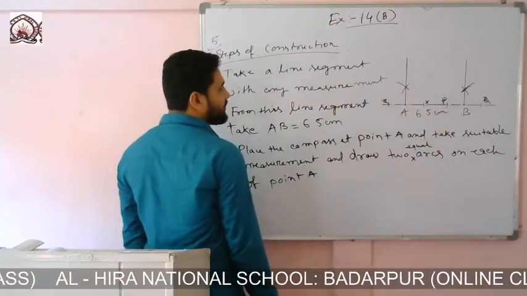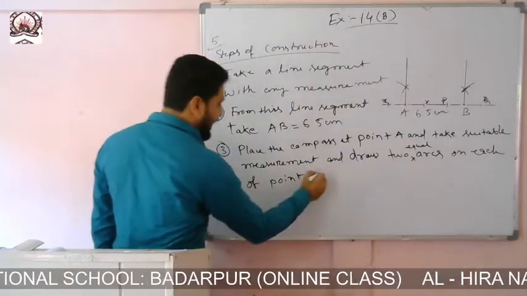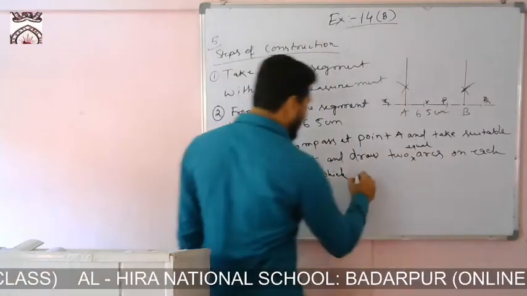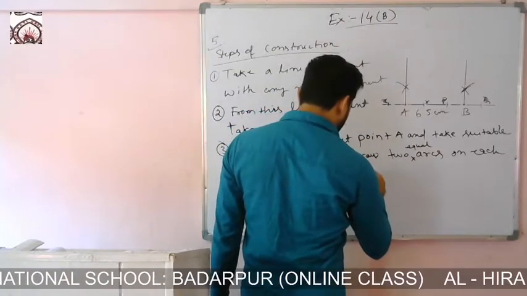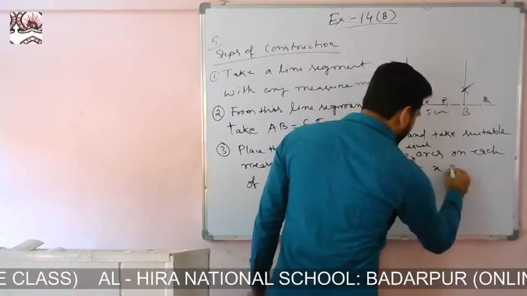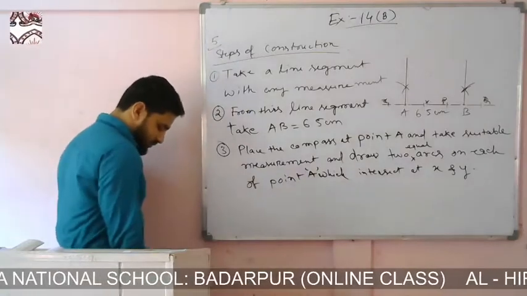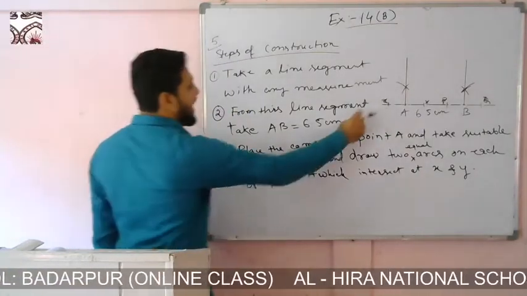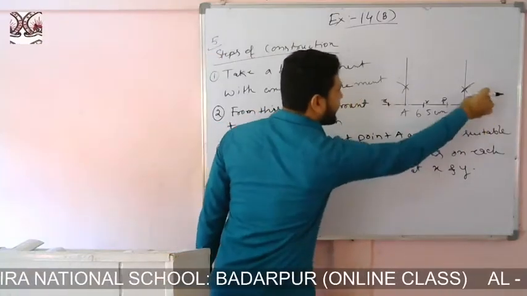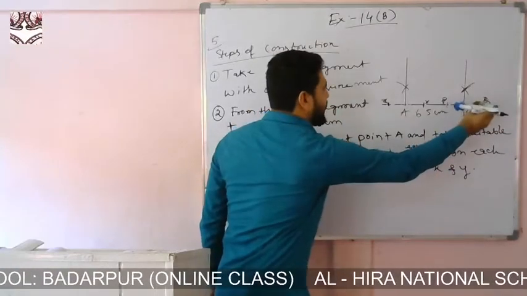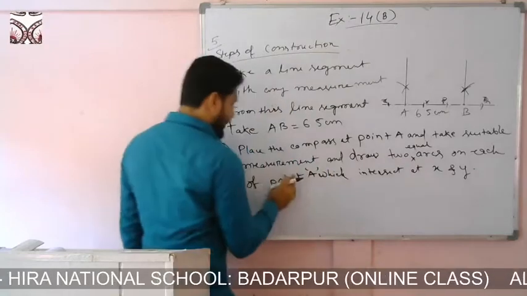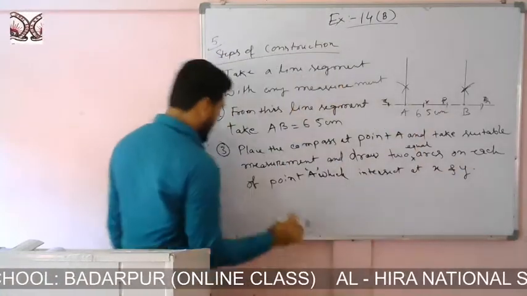Draw two equal arcs on each side of point A, which intersect at X and Y. That means the two arcs intersect at X and Y. These are not visible because I have put the compass there, so for that reason these are not visible. Now write number 4.